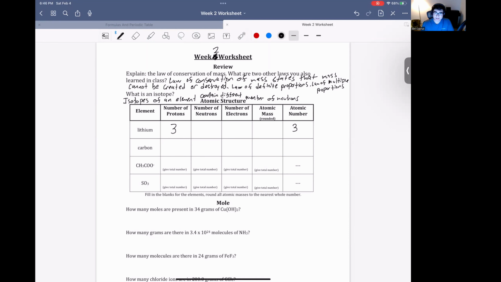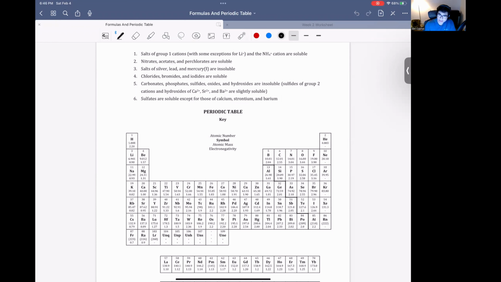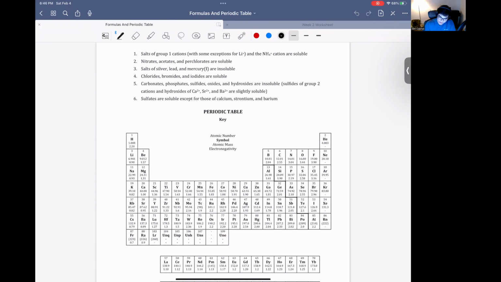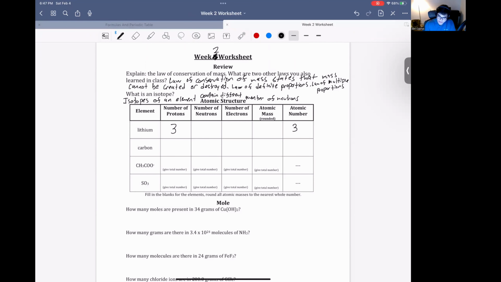All right, number of neutrons here. Actually, let's do atomic mass first. That's going to be needed. So for lithium, we're going to round the weight. It tells us down here to round the atomic masses to the nearest whole number. So the lithium right here, the 6.9, I rounded it up to 7, so that is going to be an atomic mass of 7.